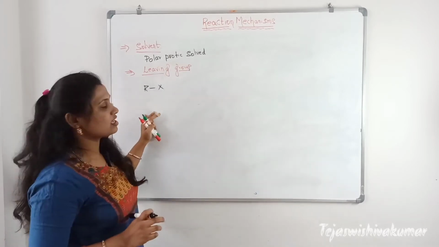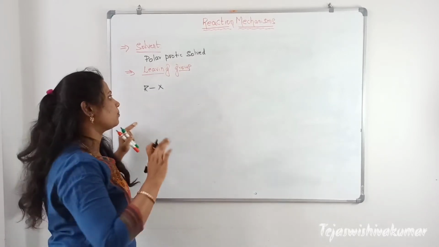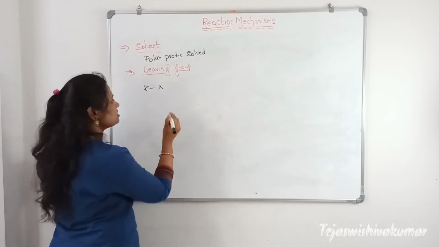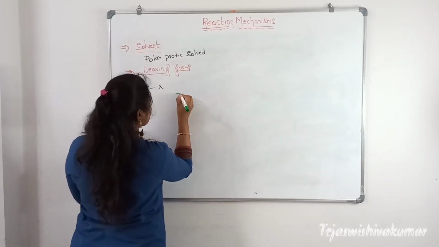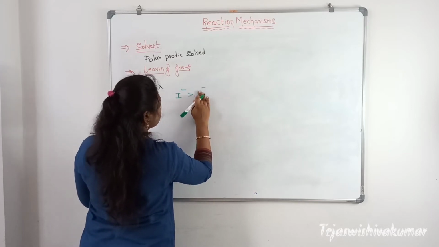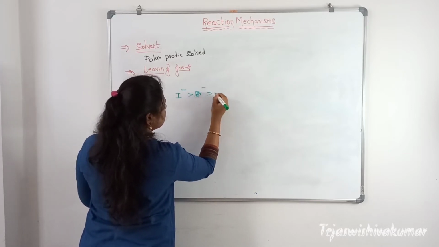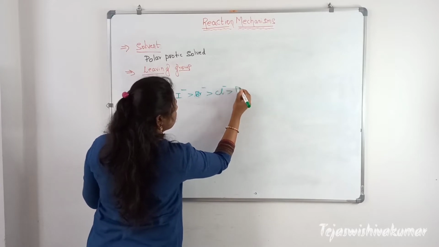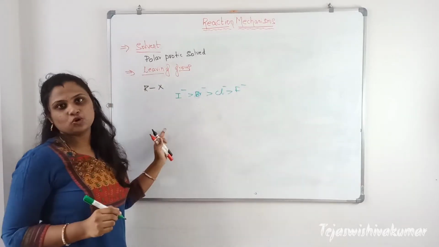We are discussing alkyl halides, and the best leaving group among the halides is I minus. Yes, this is the leaving group ability.